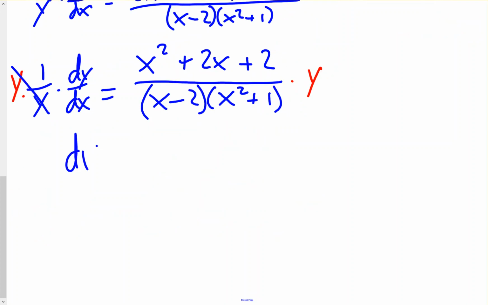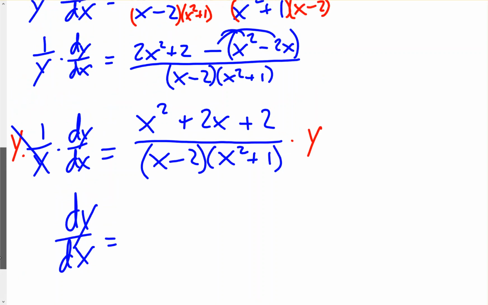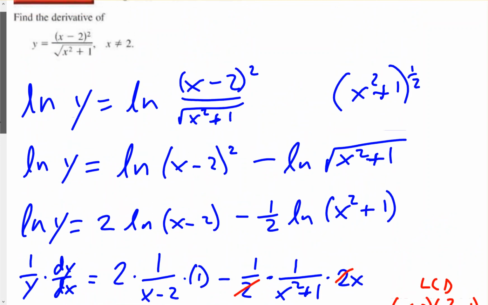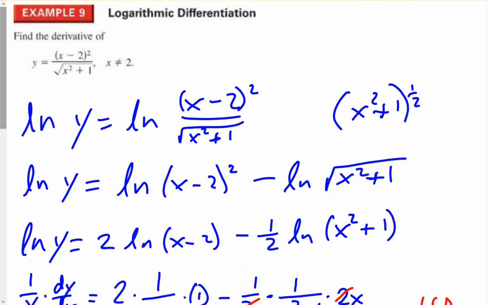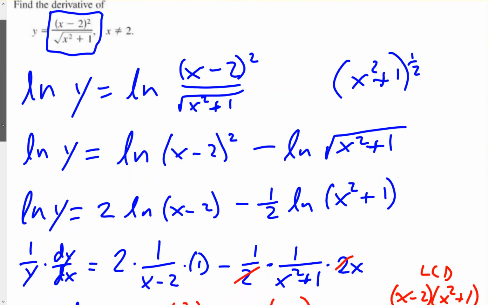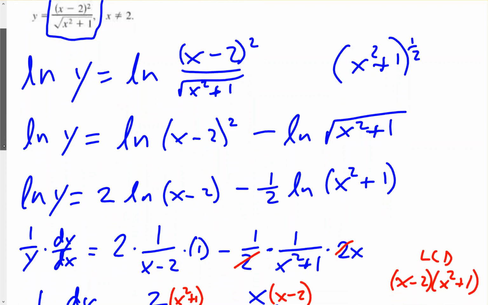So we have dy/dx equals, and now you want to replace what y is equal to. In the beginning of the problem, we had y is equal to (x minus 2) quantity squared over the square root of (x squared plus 1). So we're going to replace y with that.